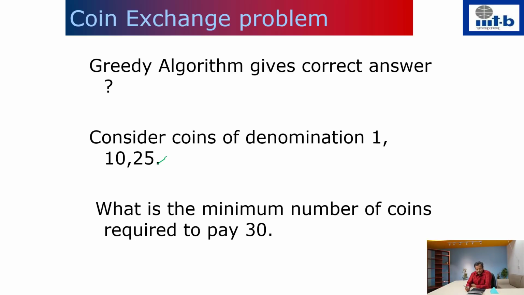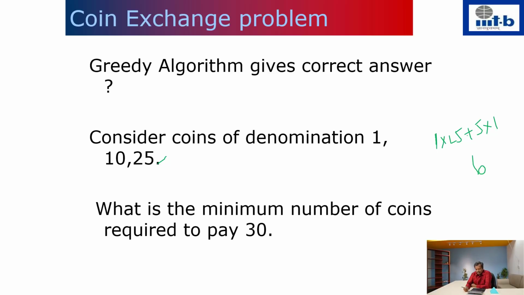In order to pay for 5, we cannot use 10, we cannot use 25, and we will end up using 1. So by the greedy algorithm, we will pick one coin of value 25 and 5 coins of value 1. So the total number of coins that we will be using is 6.